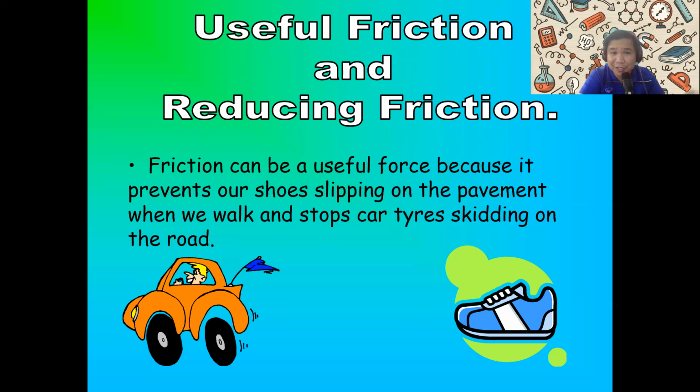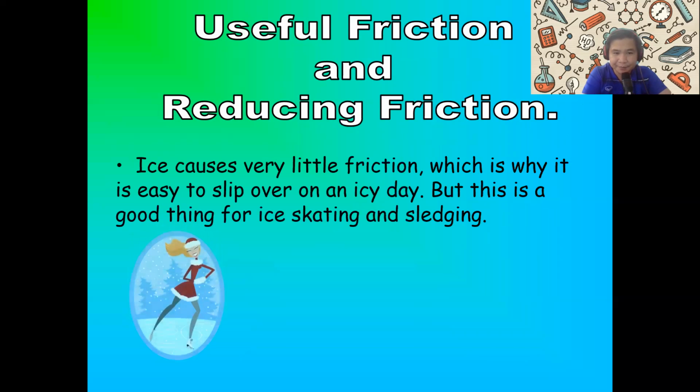We cannot run anymore. We cannot hold things anymore. When I hold this cube, I cannot hold it. It will just fly, fall, slip because this cube has no friction. That is useful friction.